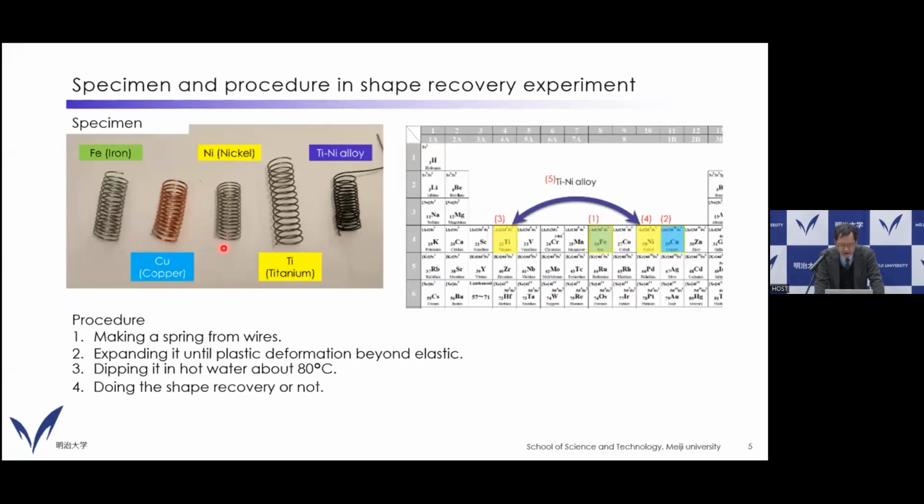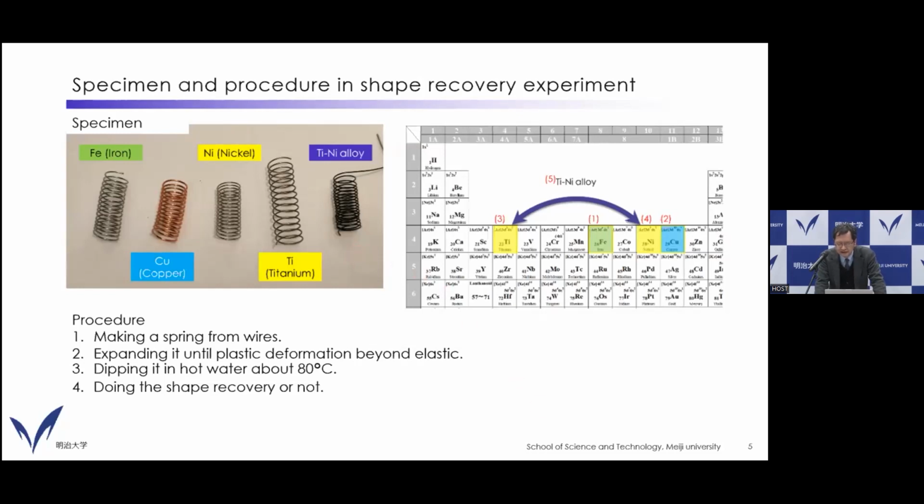The third one is nickel. The fourth one is titanium. Both have the same purity. The rightmost spring is made of titanium and nickel. Its composition is 50 and 50. The diameter of all the springs is about 10 millimeters. That means the dimension is similar to the thumb of your hand.